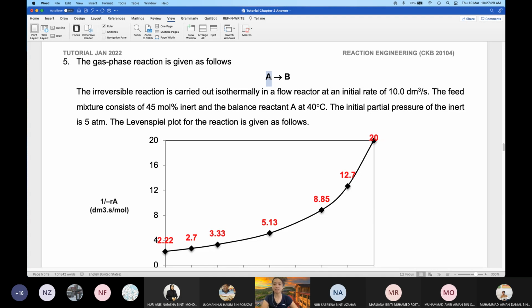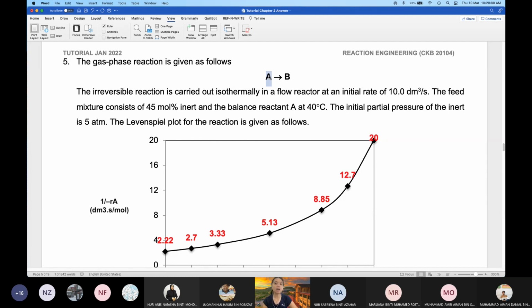We don't know what the gas is, but it's an inert gas, meaning it won't be involved in the reaction, but it exists in the system. So 45 mole % inert gas. So if the balance is A, it means 55 mole % is gas A. So 45 mole % inert, the remaining 55 mole % is gas A. Means my YA0 is 0.55.